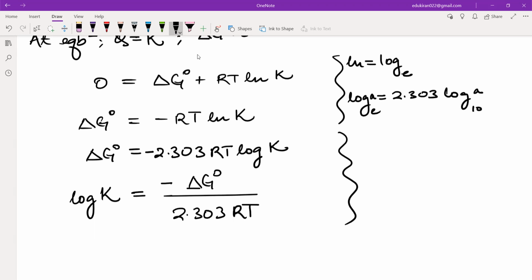Then they said that 10 squared is equal to 100. What is 100? It is the square of 10. And what is 10? It is the root of 100.